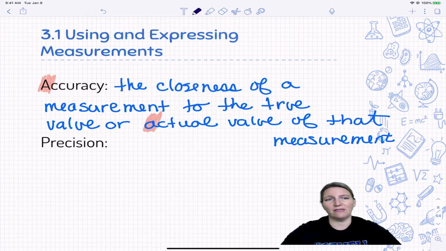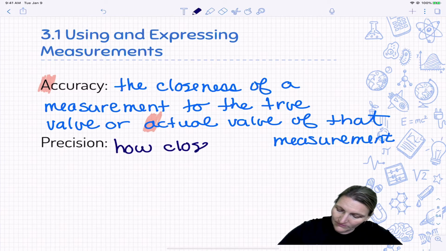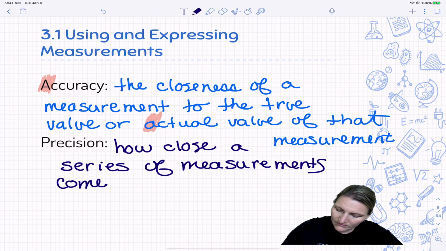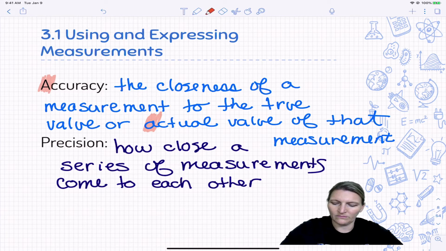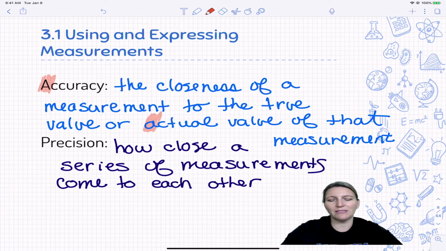In those cases, what you can often measure or describe is the precision. So the precision is how close a series of measurements come to each other. Right? How close a series of measurements come to each other.